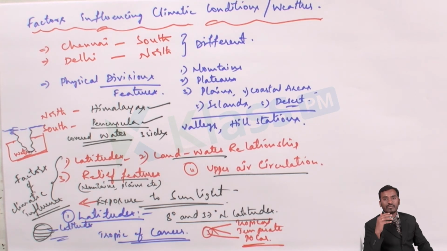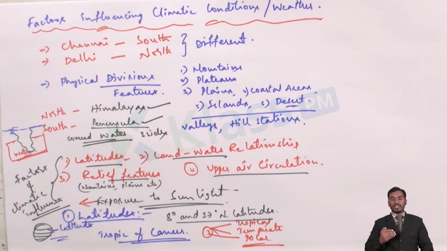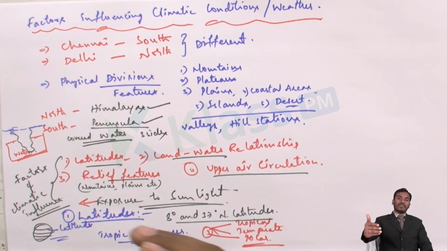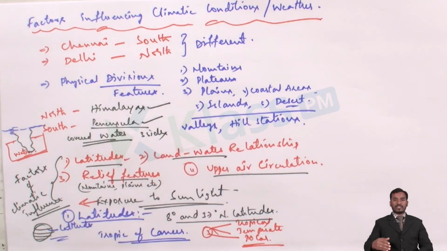The areas closer to the equator are called tropical zones, whereas the areas completely away from the equator are called polar zones, and the area between polar and tropical is called the temperate zones. Even in India, we have areas which come under all these three categories.